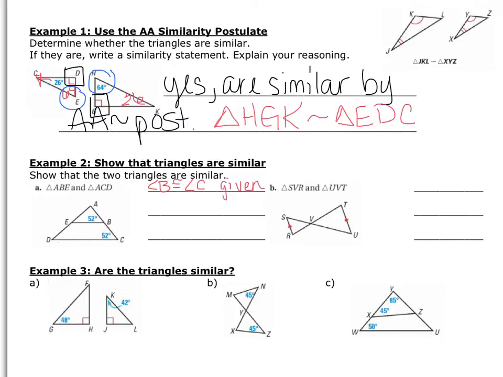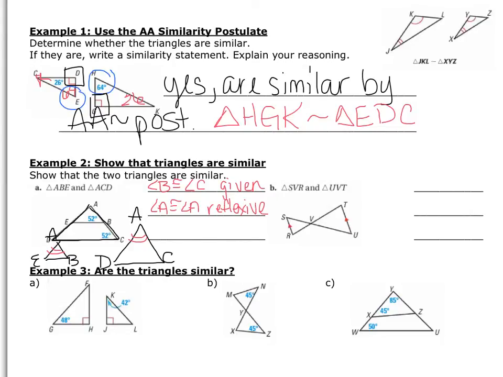Because you have triangle AEB, and then we have another bigger triangle, ACD. If you notice in these triangles, they have an angle in common. They both share the letter A. So this angle A is congruent to itself. And what makes anything congruent to itself? That's because of the reflexive property.